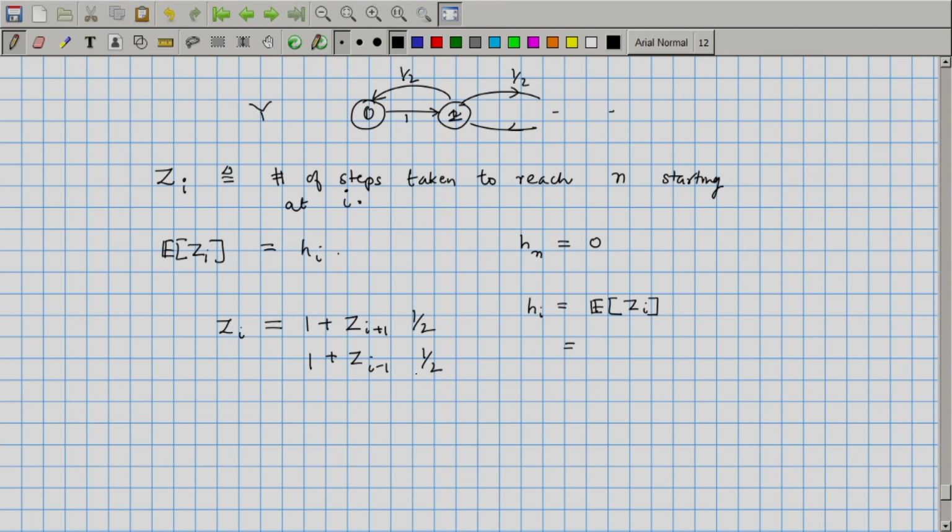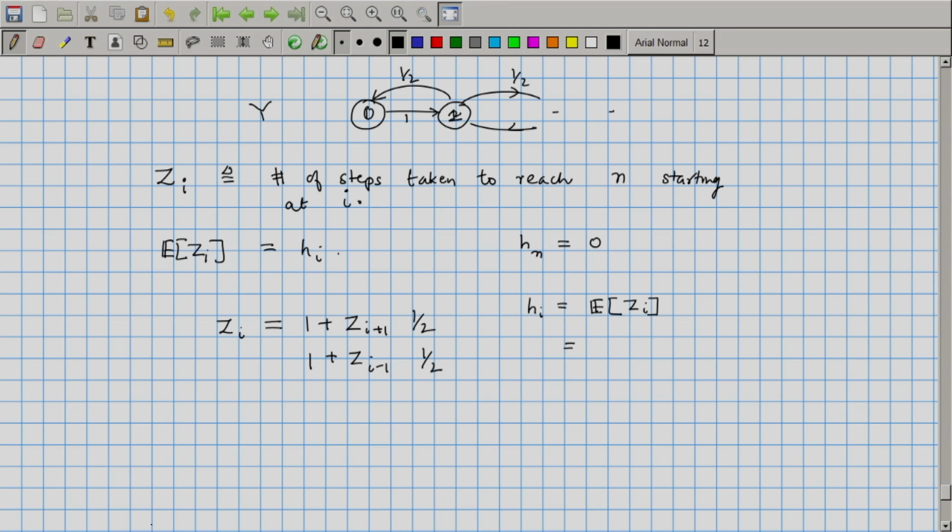If you had gone forward, the total number of steps taken would be 1 plus Zi plus 1, and that happens with probability half. And if you had gone back, it would be 1 plus Zi minus 1, with probability half.